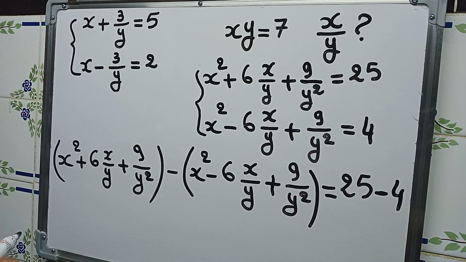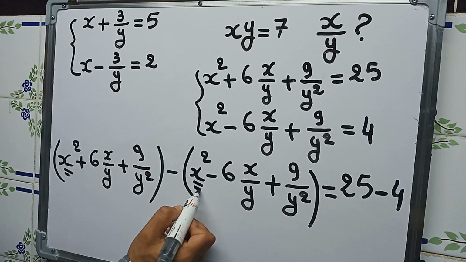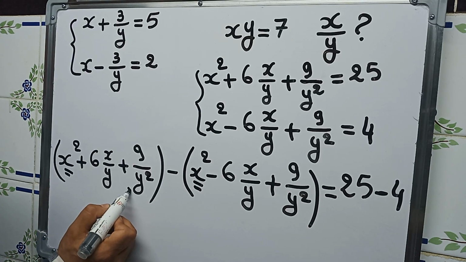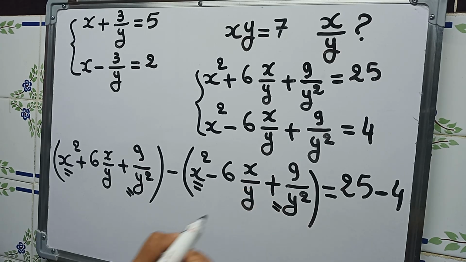And here you see this x squared will cancel with this one, and 9 over y squared will cancel with 9 over y squared.